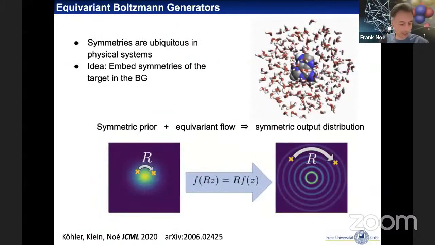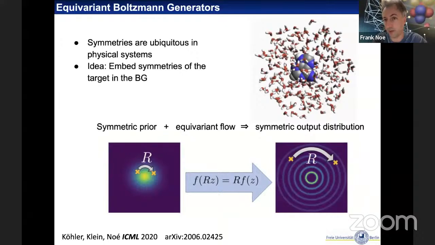And so a couple of things are needed for this. One of the aspects that's very important in general is equivariance and symmetries. In machine learning for physical systems, we often have symmetries in the physical system. For example, the energy of a molecule in implicit solvent would be invariant to translation and rotation. And that means the probability density of the Boltzmann generator should also be invariant to those.